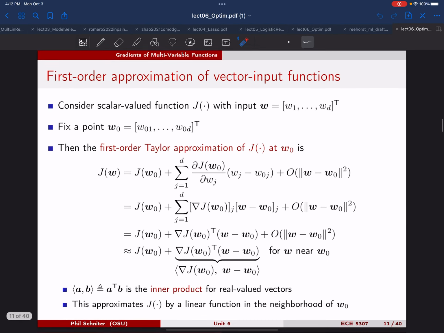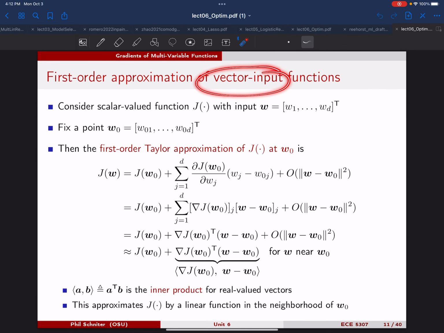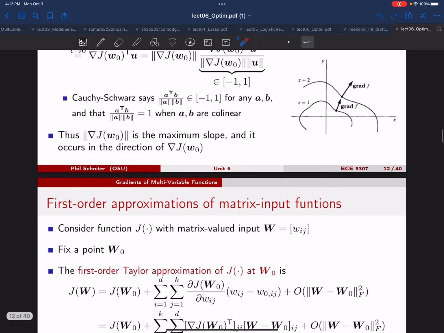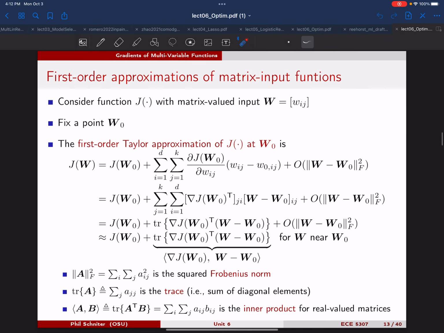Then we can redo this for vector inputs, and we find we have something similar. We have the function at W is approximately equal to the function at the reference plus the inner product between the gradient at the reference and the deviation from the reference. And we saw that the same expression held even in the matrix case.